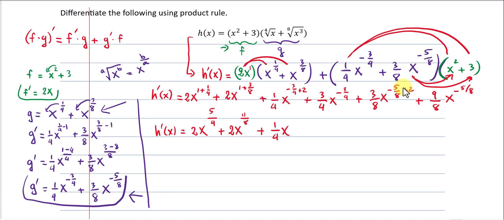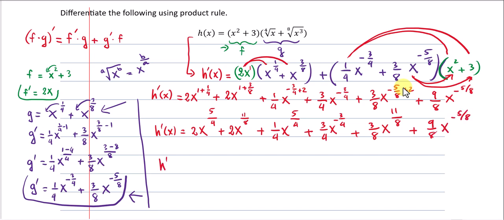That should be, you have the LCD of 4. So that is going to be 5 over 4. And then 3 over 4, x to the minus 3 over 4, we don't have anything to do with that. And 3 over 8, I have the LCD with a minus 5 over 8 plus 2. That will be 11 over 8. And the last term will have 9 over 8 and x to the minus 5 over 8.